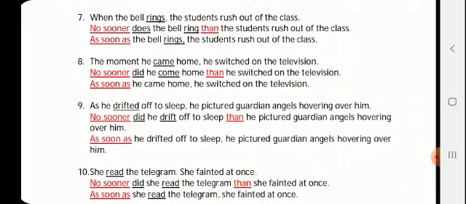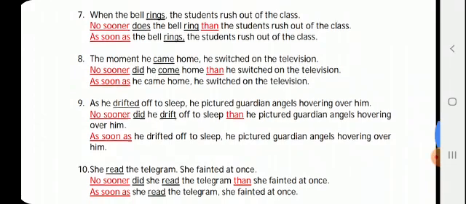When the bell rings, the students rush out of the class. No sooner does, rings is in the present form with the letter S, so we'll add does, the auxiliary verb, and rings will become ring. So, no sooner does the bell ring, comma is replaced with than, because the next action will begin from here. So than, the students rush out of the class.